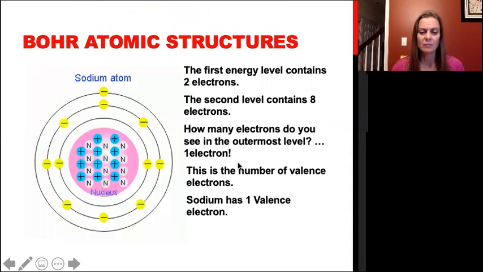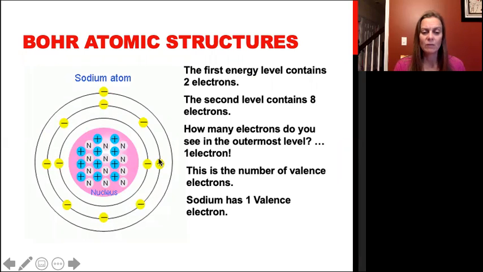Well, let's look at our example of sodium again. Although there's only 1 valence electron, if sodium were to lose this 1 valence electron, this outermost energy level wouldn't be occupied at all. And so the outermost energy level would be this one, which has 8 valence electrons.